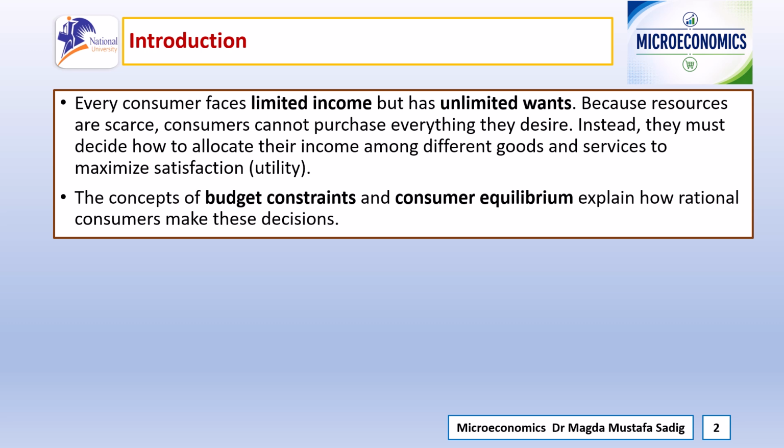They allocate their limited income among different goods and services in order to obtain the highest possible level of satisfaction, which economists call utility. The concepts of budget constraint and consumer equilibrium help us understand how these decisions are made.